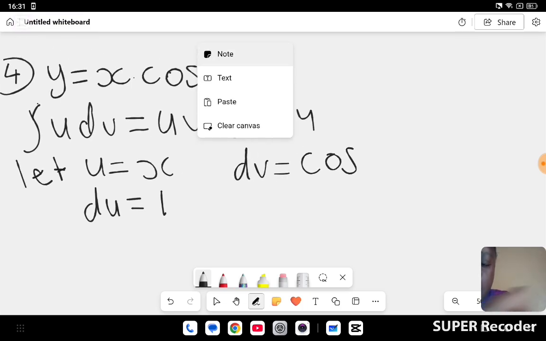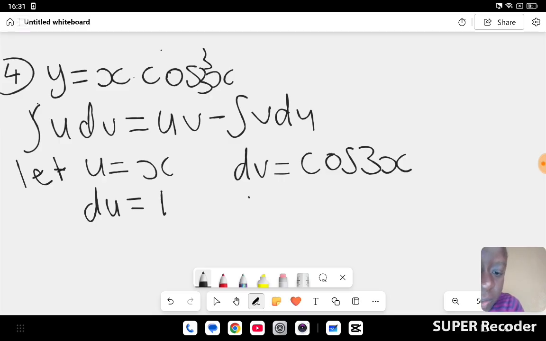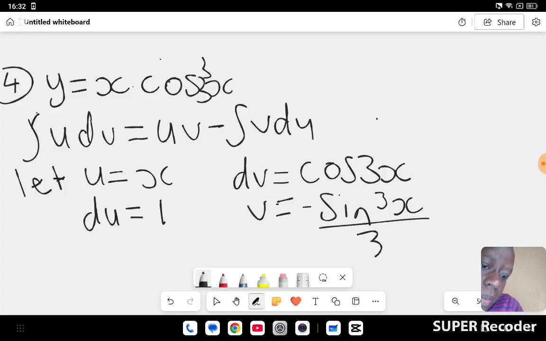Then v will be equal to sin 3x divided by 3.